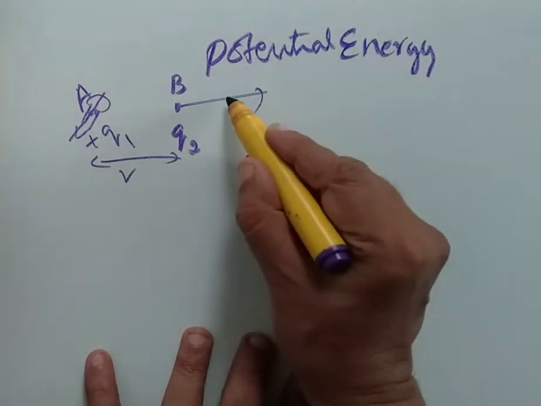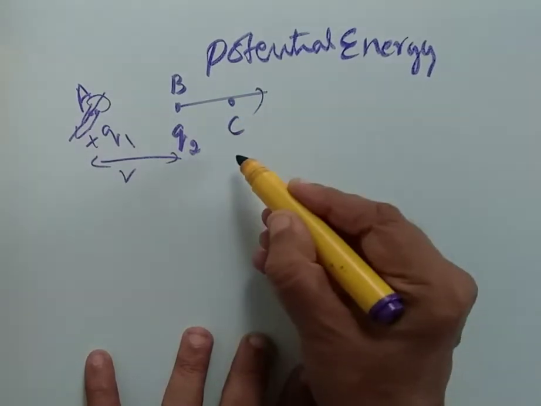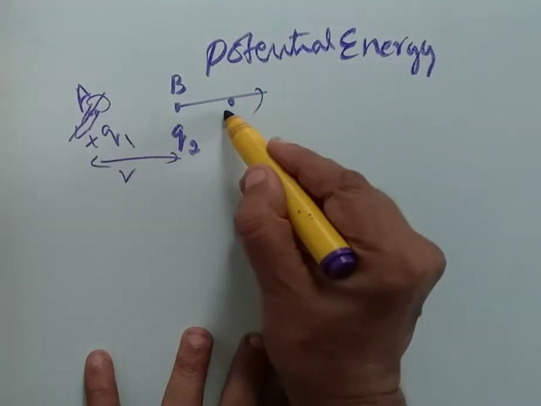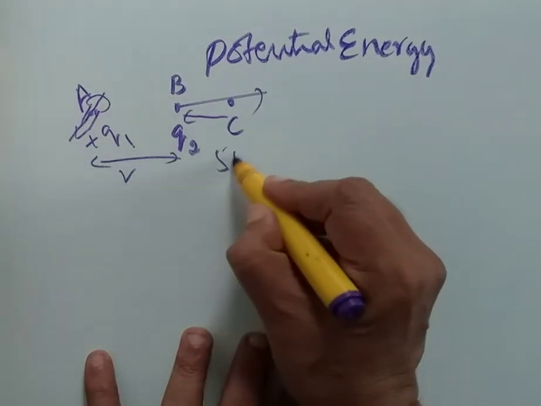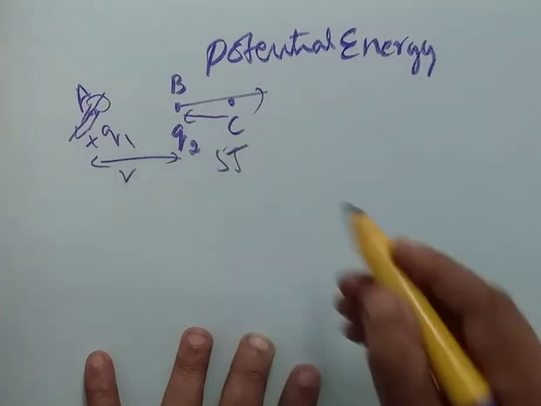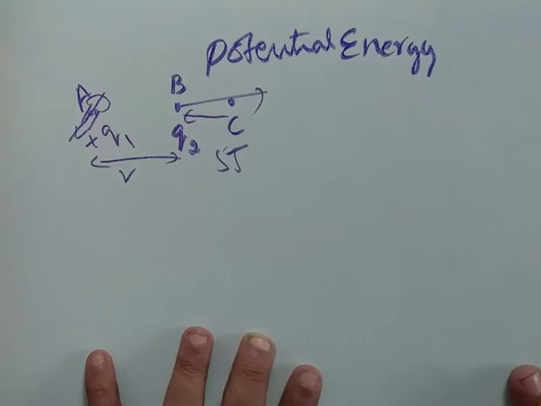We imagine Q2 was previously at C. We want to bring it to B. Then some work is done, say 5 joules of work is done. Then can we say the potential energy of Q2 at B is 5 joules?